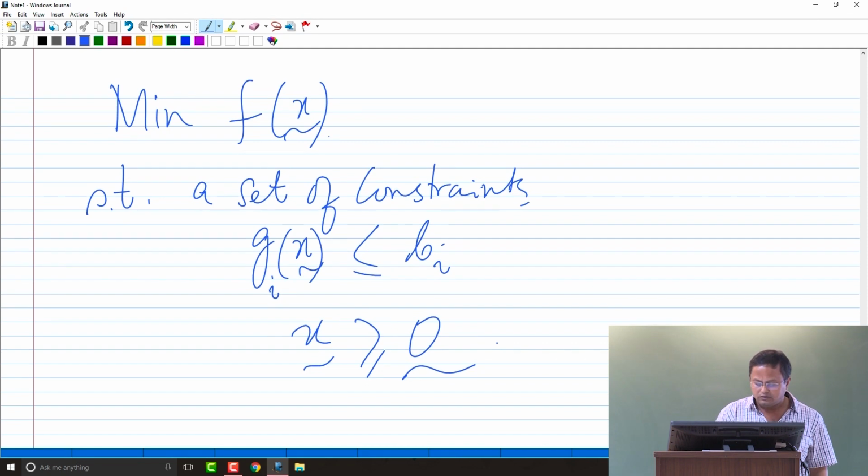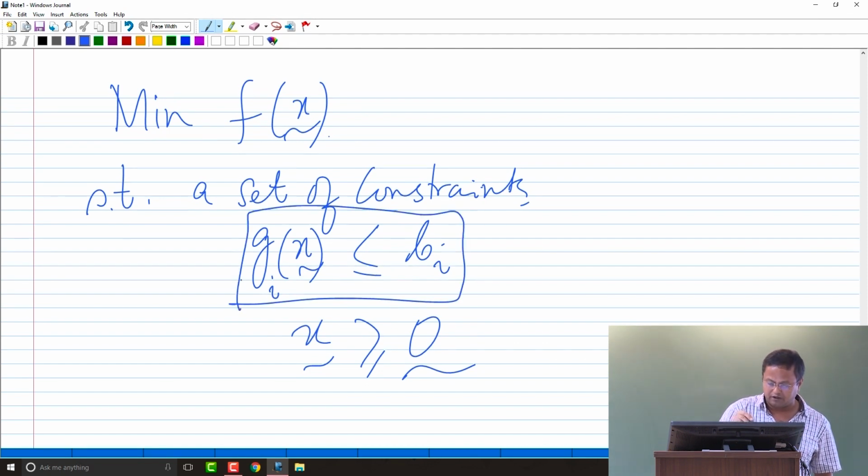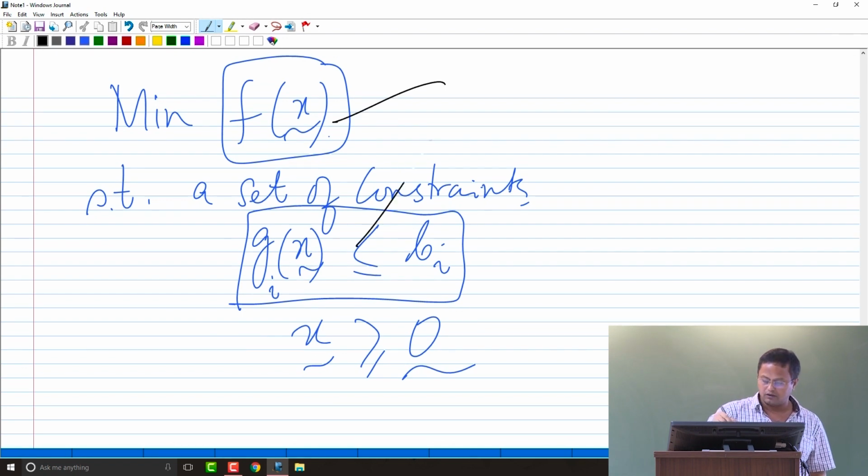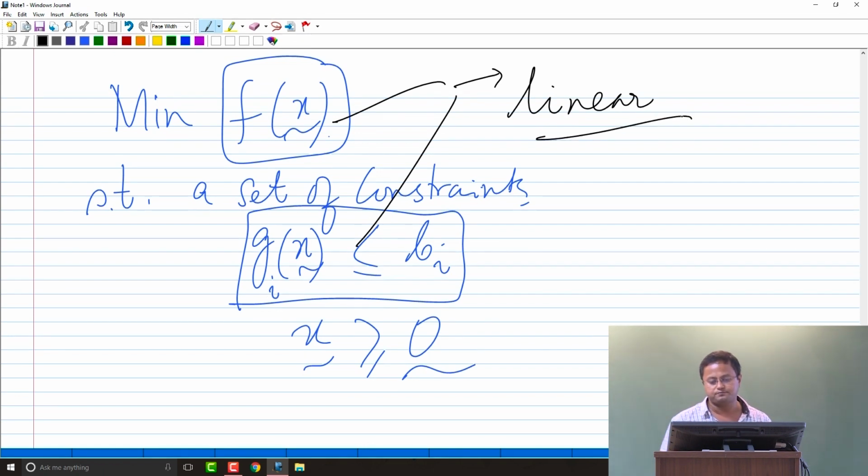It is an LP if all these functions are linear functions, right. Now, think just 2D. Think that all these functions are on the plane, fine.